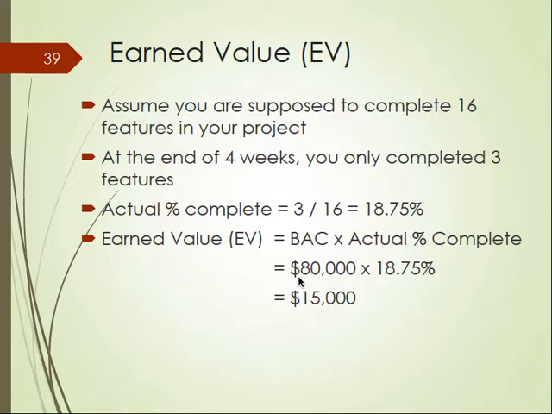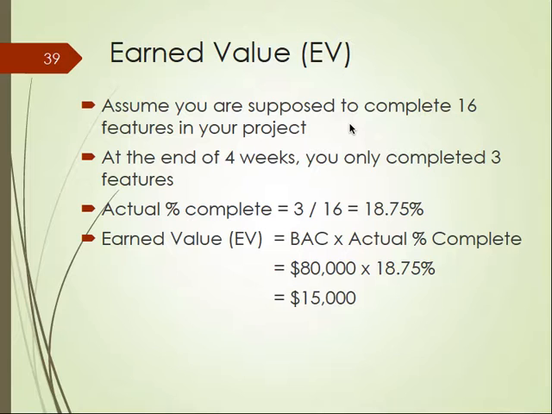So planned value is how much you planned to spend, but then there's another value, which is how much you have actually earned. Sometimes you're at the end of 4 weeks, but you have really completed only 3 weeks of the work. Suppose out of the 16 weeks, to simplify our calculation, you finish 1 feature every week.